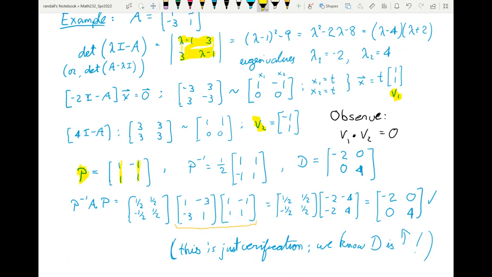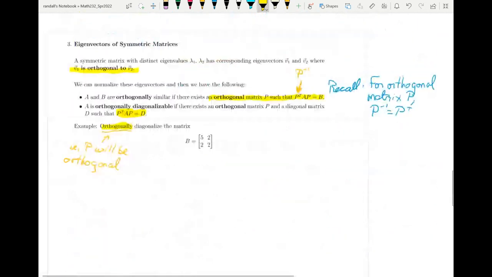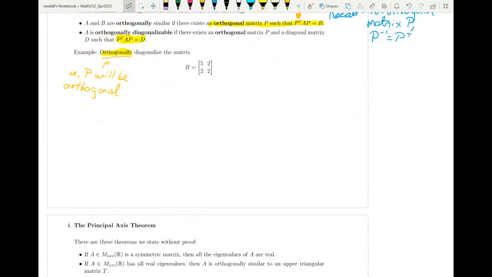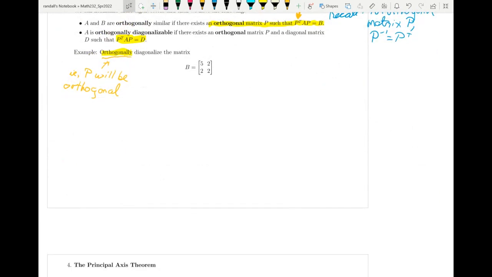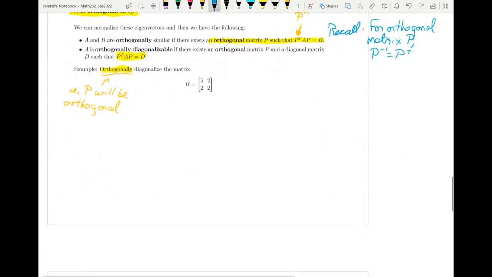However, they're not orthonormal. So there's just a little bit more work to do. What we're going to do, and I'll do it in this next example, is normalize these eigenvectors. We have to divide by their norm so that the norm of the new eigenvectors is 1. Then I'll form the matrix P, and its rows and columns will be orthonormal. So just one extra step. That's why I'm not going to write all the details in this example down, because you know what I'm doing. So let's do this.